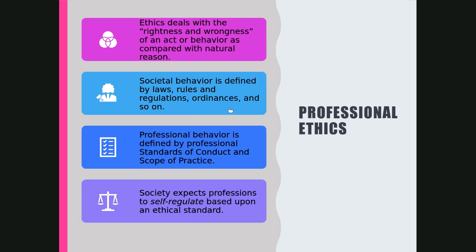Okay, so that code of ethics is what society expects from professional radiologic technologists when we look at that code. Professional behavior is defined by professional standards of conduct and the scope of practice. So when we look at those, the code of ethics and the standards of professional conduct, that is actually in the back of the book as well.